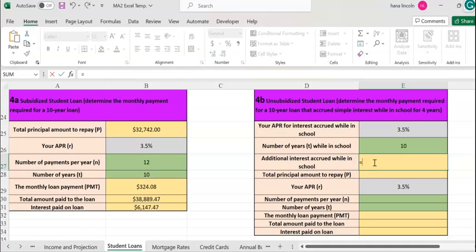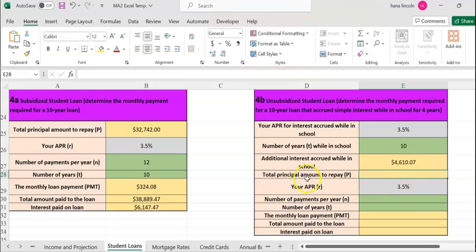So enter equal, copy the loan amount times the interest rate, click on the interest rate, times the number of years you are in school. You are in school 4 years, right? So you're going to enter 4. That's the simple interest that you're supposed to pay while you are in school.